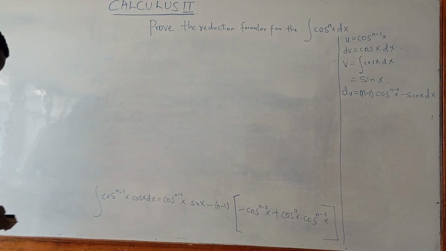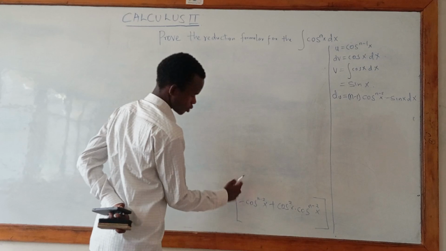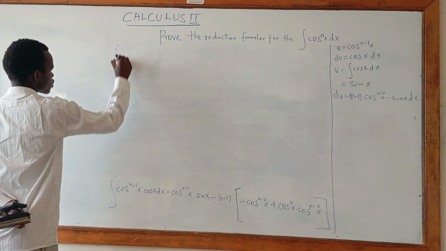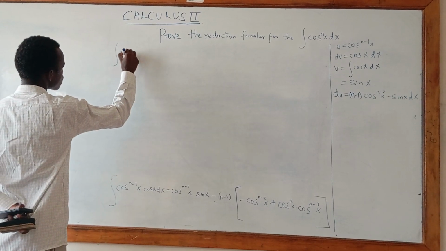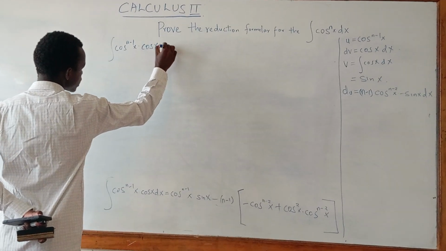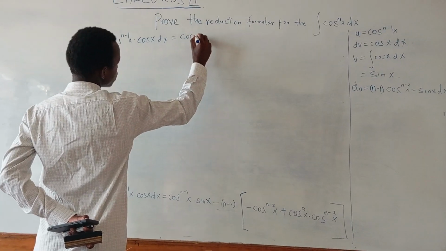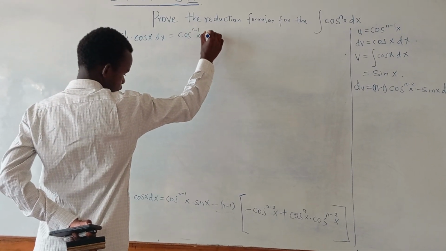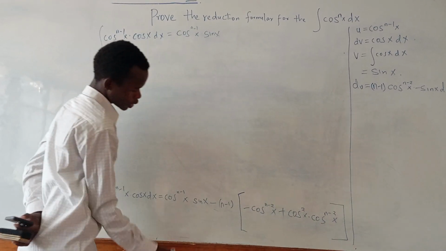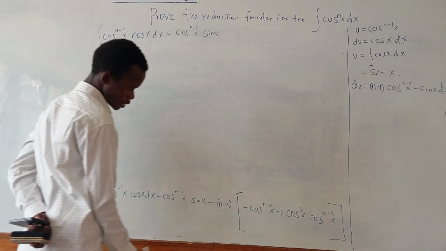So we'll have the integral of that. So let's open the bracket using this. So we'll get the integral of cos raised to n minus 1 of x multiplied by cos of x dx equals cos n minus 1 of x multiplied by sine of x. Distributing these inside, you get negative n minus 1 multiplied by this.